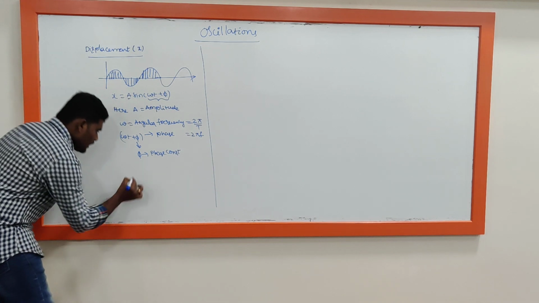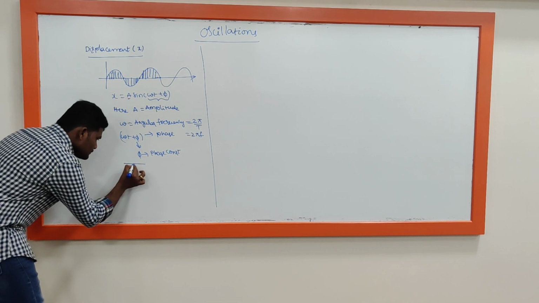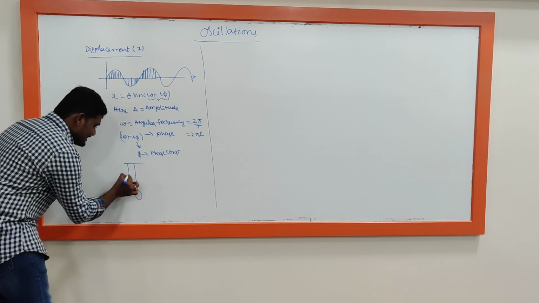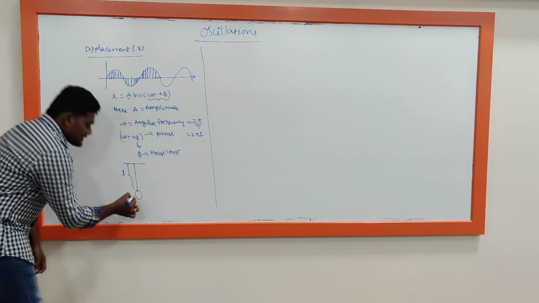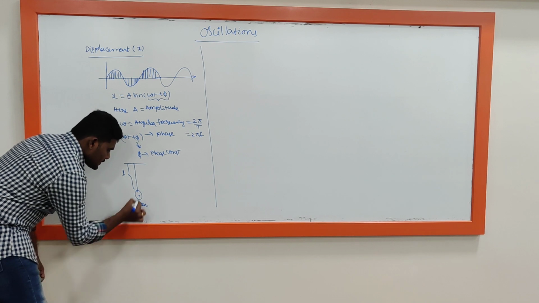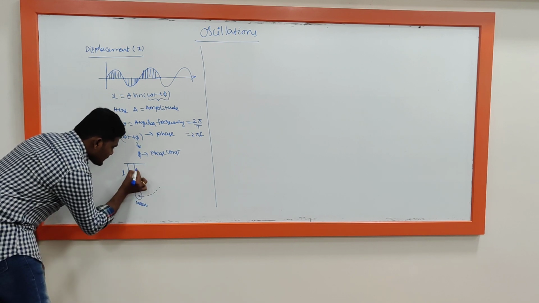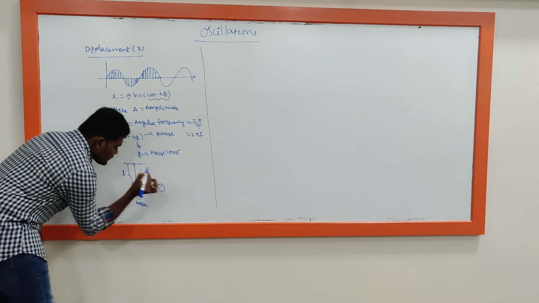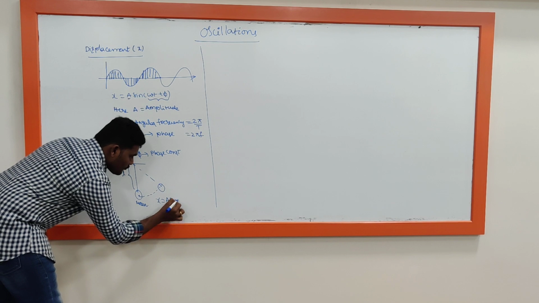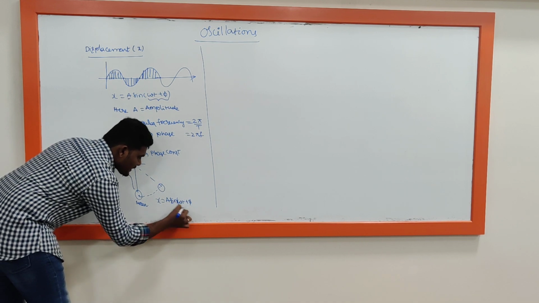Then a particle having length L is moving from the mean position. You can take mean position here, mean position towards extreme. We can write x equal to a sine of omega t plus phi.